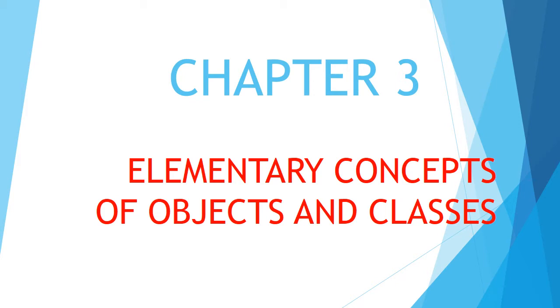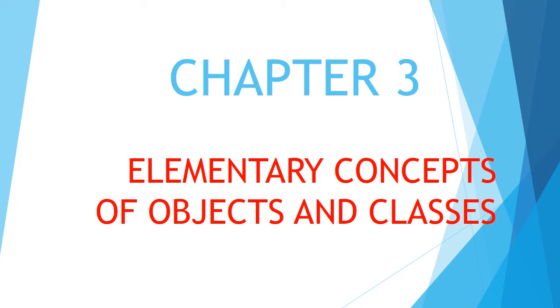So how can we define it? In chapter 1 I also explained that an object is an identifiable entity. It means it has its own identification with some characteristics, state and behavior. For example, if we take an orange, it has its own characteristics: it is spherical in shape and its color is orange.